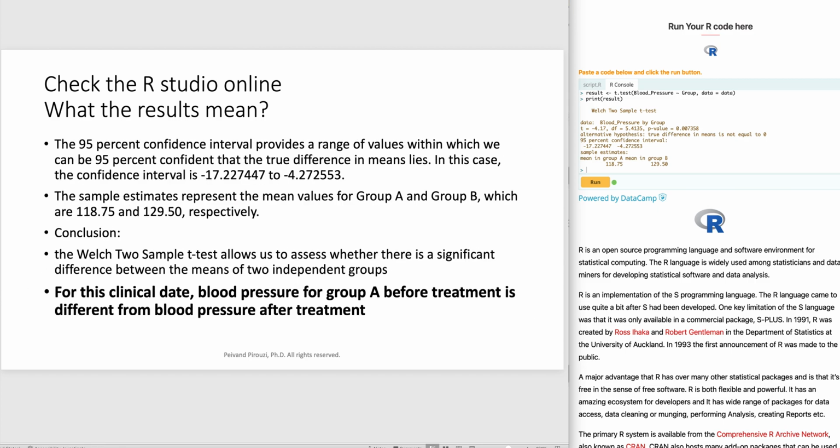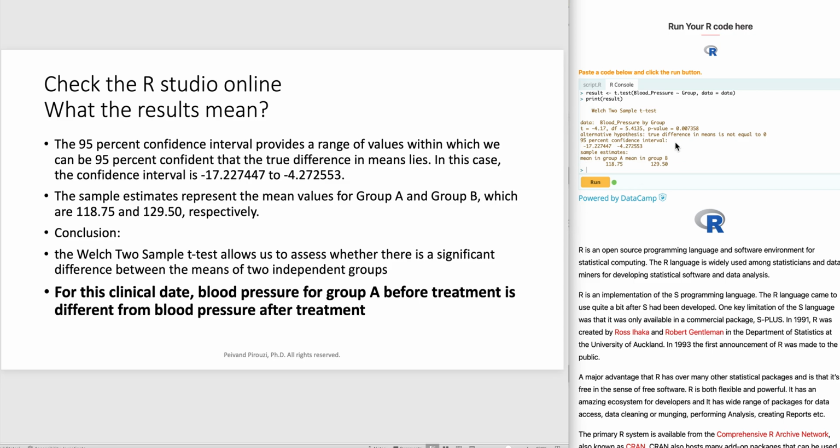So the 95% confidence interval provides a range of values within which we can be 95% confident that the true difference in means lies. So in this case, the confidence interval is minus 17.22 to minus 4.2725.